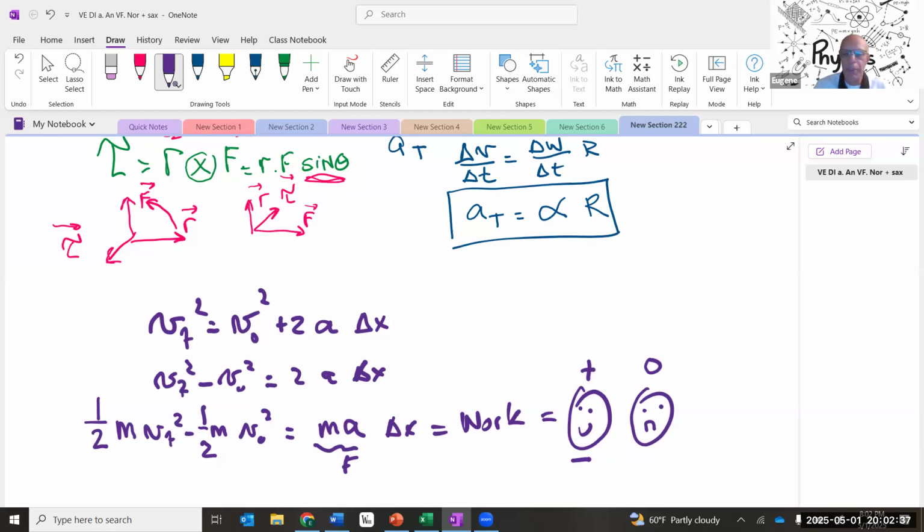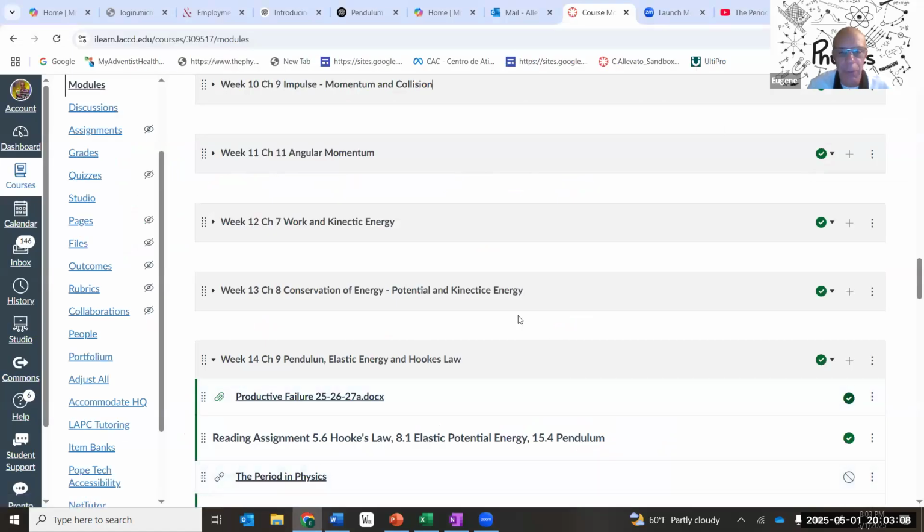I did an experiment in class last time, I think, with a car, where I was pulling up and then letting go. Those are two examples of positive and negative work.